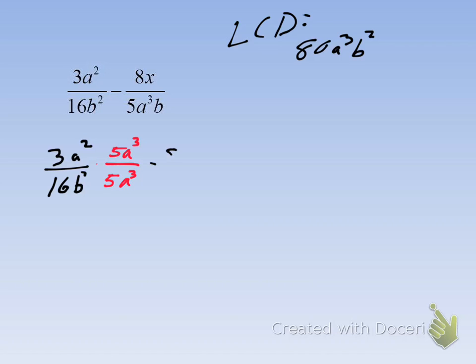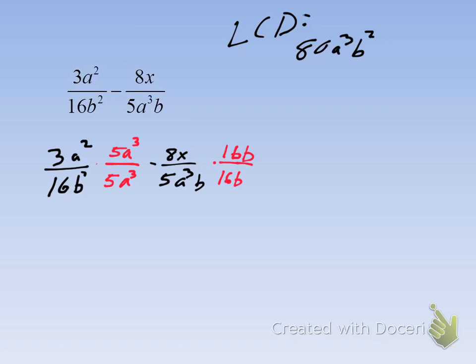Minus the 8x over the 5a cubed b. And to get that to be it, we need to multiply it by a 16b. Okay, and then you do those multiplications, and then you put them together.